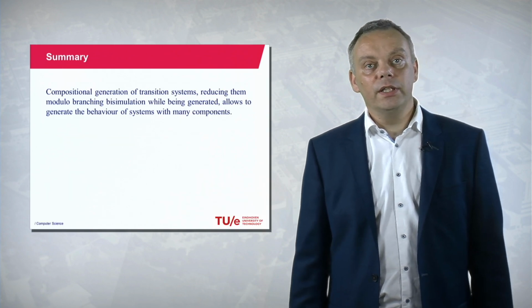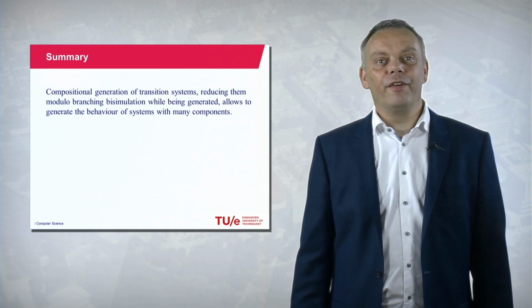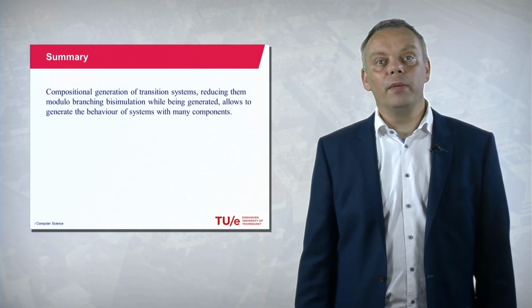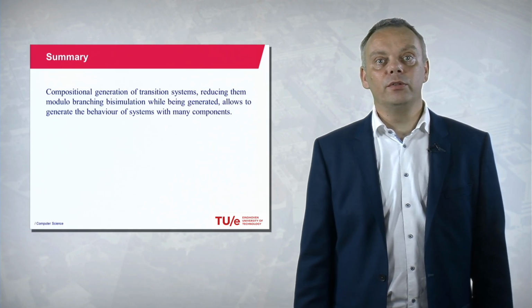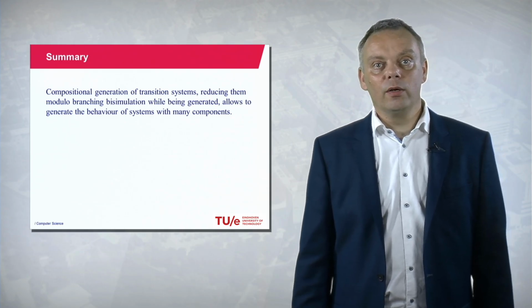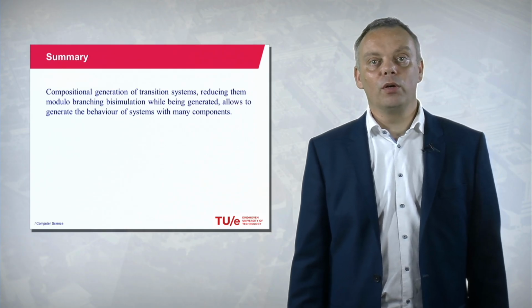So what did we see? The first observation was that if we have large systems, then it's a good idea to design them in a hierarchical way, because then you can generate the whole state space by doing compositional state space generation and intermediate reductions modulo branching bisimulation.